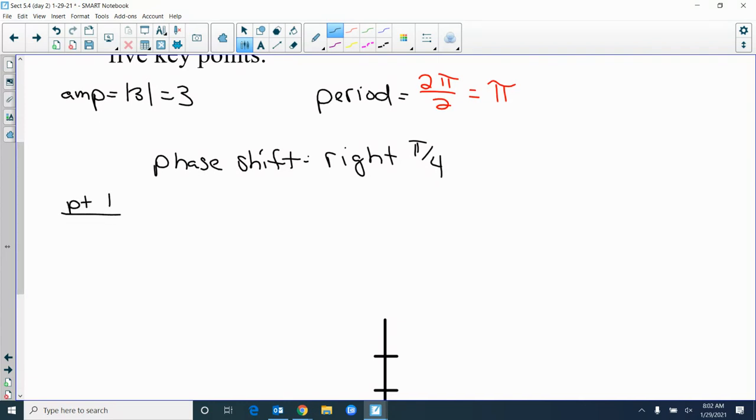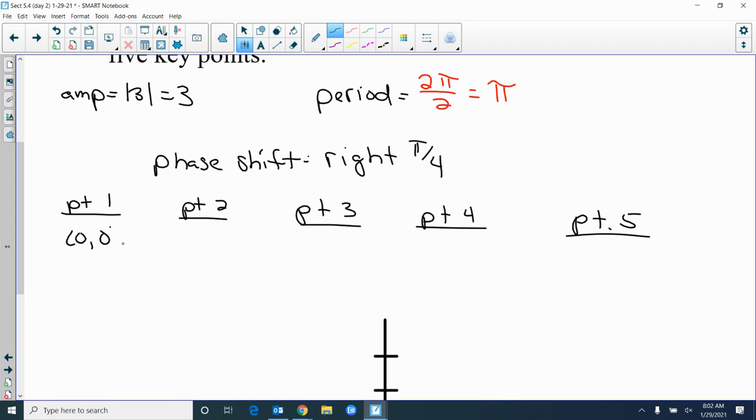Point 1, point 2, point 3, point 4, and then point 5. Normally, point 1 is 0, 0. Where has it been moved to? Or has it been moved?